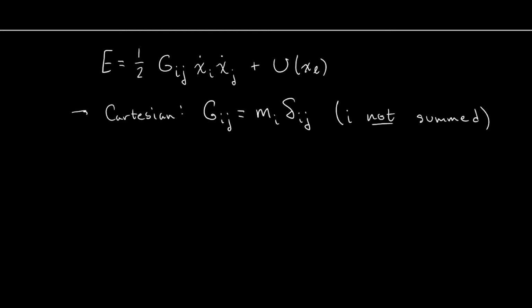So if you're more comfortable with matrix notation, I might be able to write this as m1, m2, all the way down to mn, however many degrees of freedom I have, n degrees of freedom. And some of these masses might be the same, like if I'm moving in 3 dimensions, then I'll have 3 m's repeated for each dimension, but in general, this is going to be the form of this G matrix. Okay?